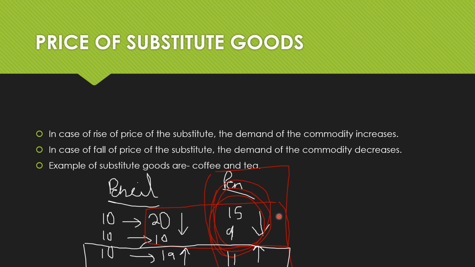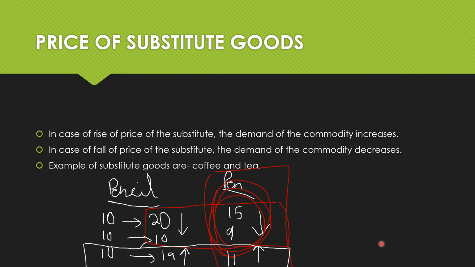Both of these concepts are similar, but they're not the same, because in substitution effect we are using the term relative price, whereas in the case of the price of substitute goods we are focusing on this. So both these concepts are very similar, but there's a slight difference, maybe in the way we present it, because the focus is different.